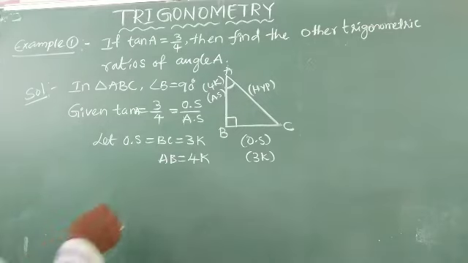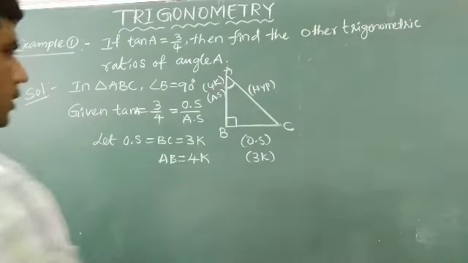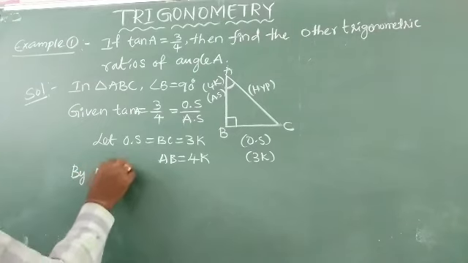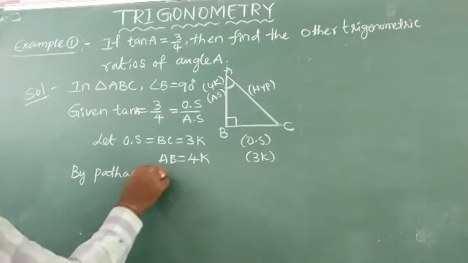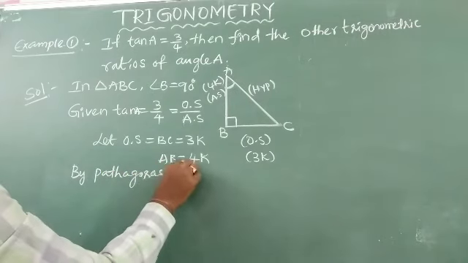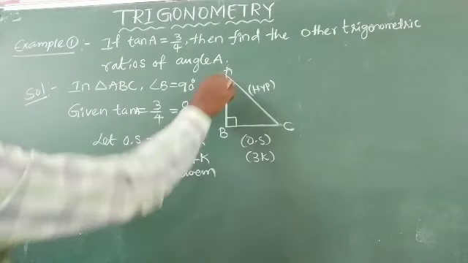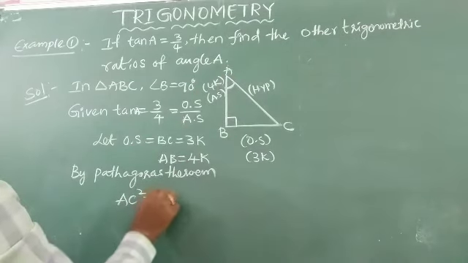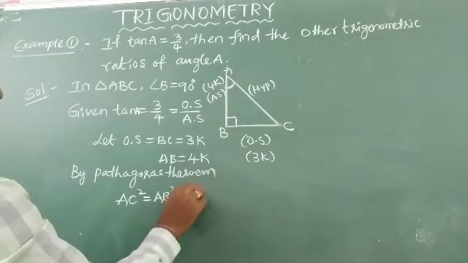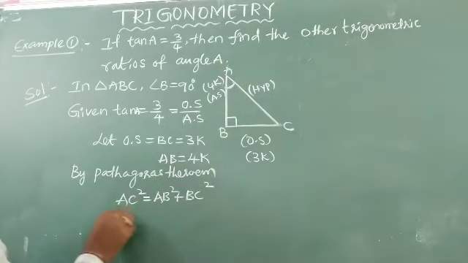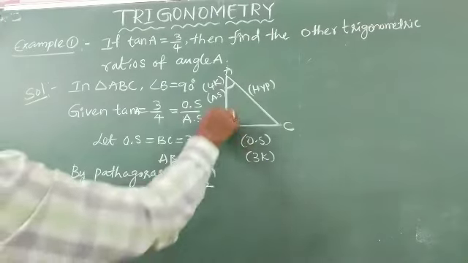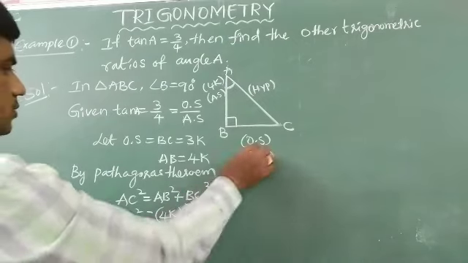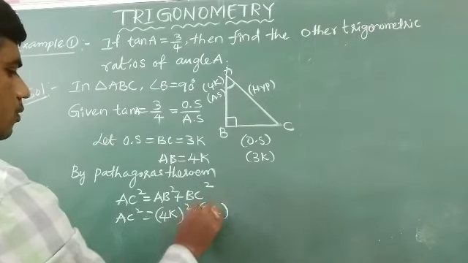Now we have to use the Pythagoras theorem to find the hypotenuse. By Pythagoras theorem, the square of the hypotenuse, AC square equals AB square plus BC square. AB square is 4K whole square plus BC square, 3K whole square.